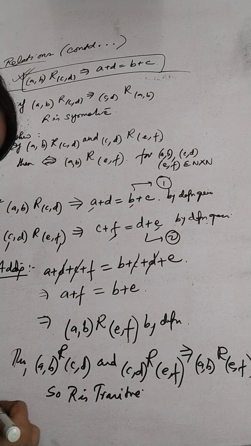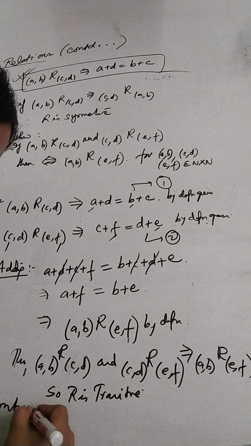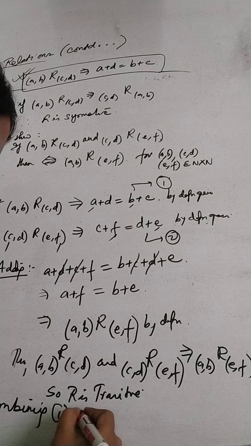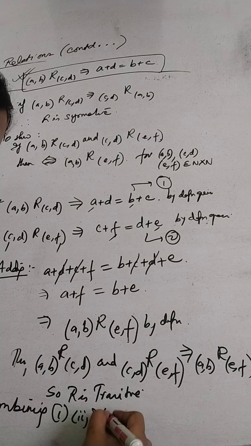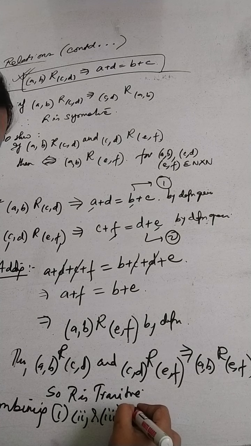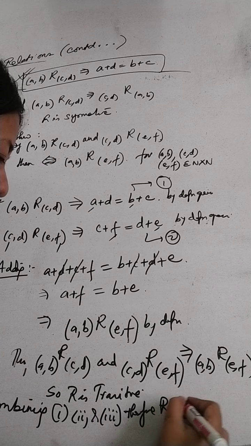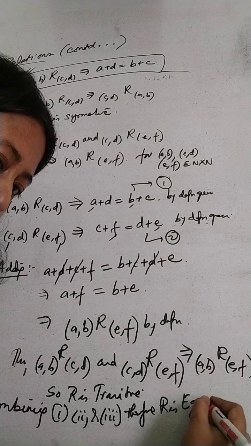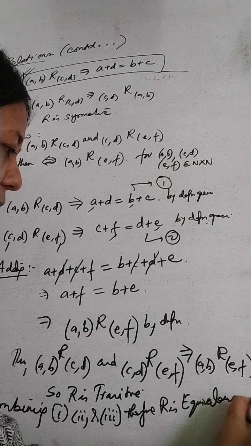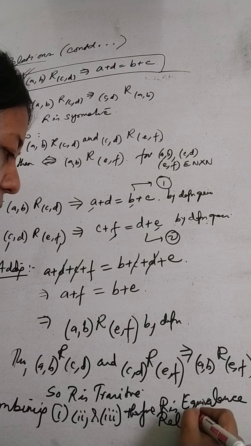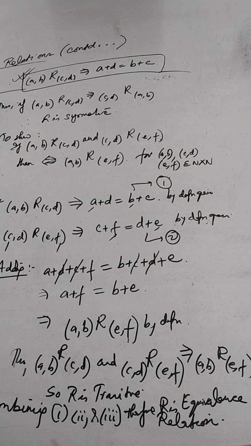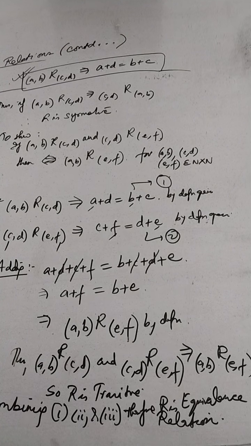Combining, the final conclusion will be combining 1, 2 and 3. Hence, therefore, R is an equivalence relation. That will be your final conclusion.